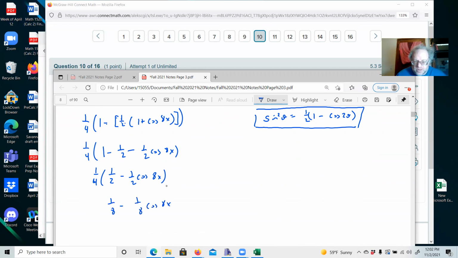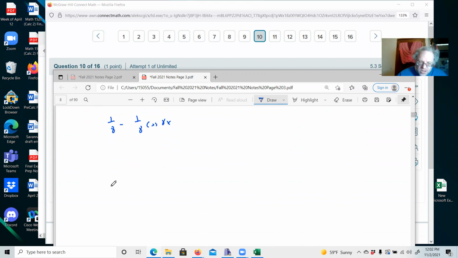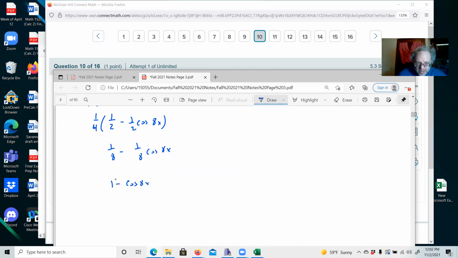Now, if I was going to do a calculus step next, this is how I'd want this. Your book says, no, we don't really want that. We want something slightly different: 1 minus cosine of 8x all over 8. Okay, that's how they're going to want that.